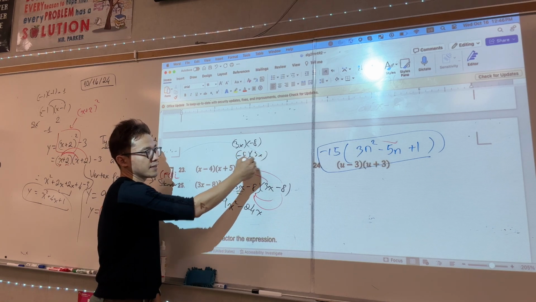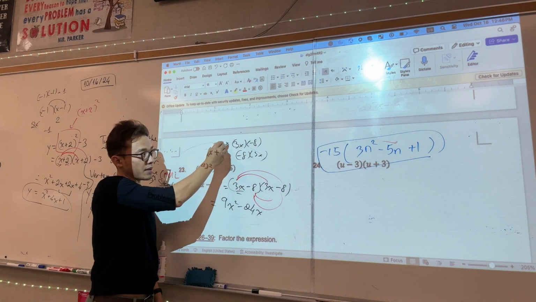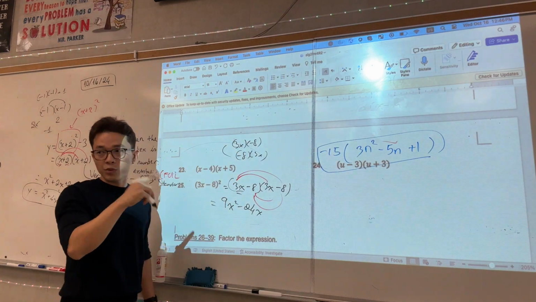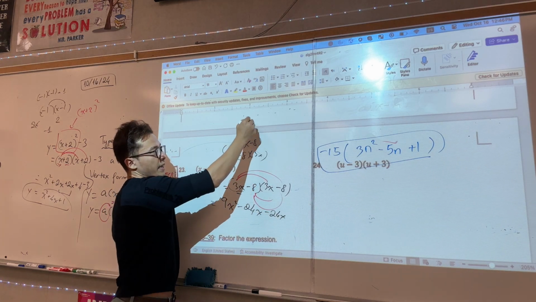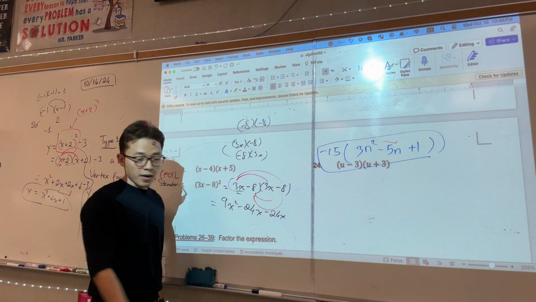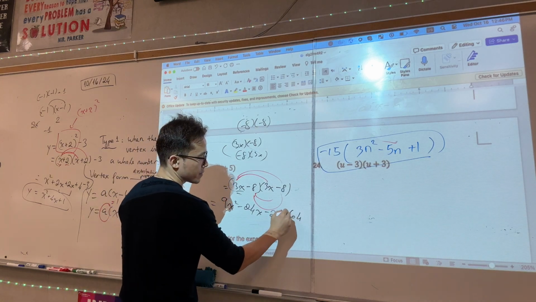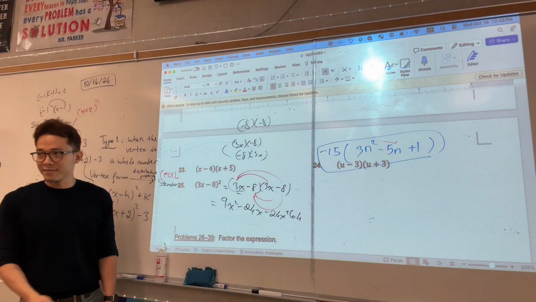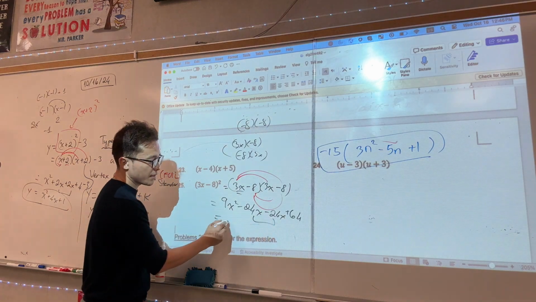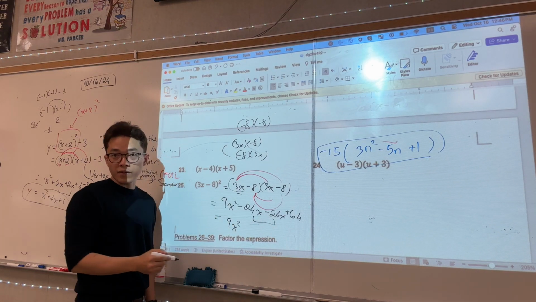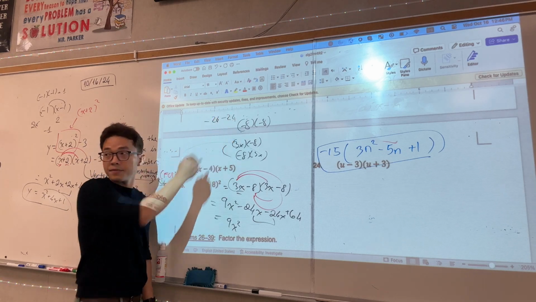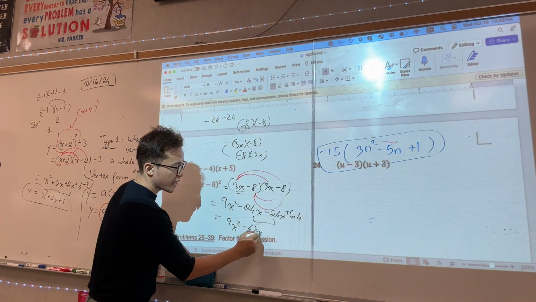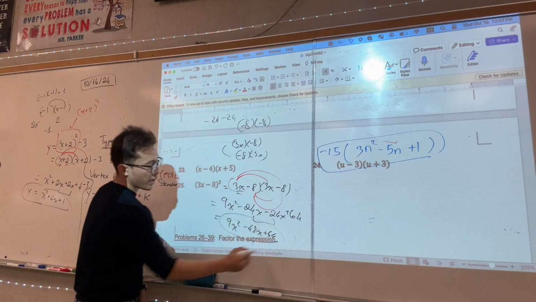What's negative 8 times 3x? They're the same thing, right? You can flip over. So negative 24x. What's negative 8 times negative 8? 64. Positive or negative? Positive. And then combine the like terms. 9x squared. What is negative 24 minus 24? Negative 48x plus 64. That's your answer.